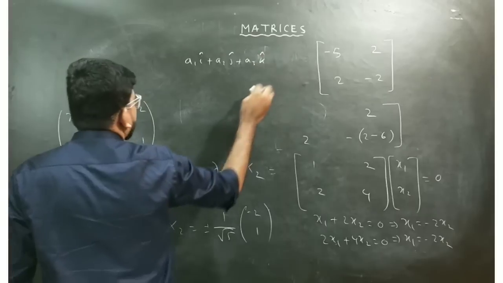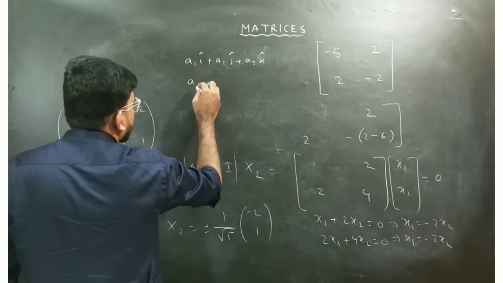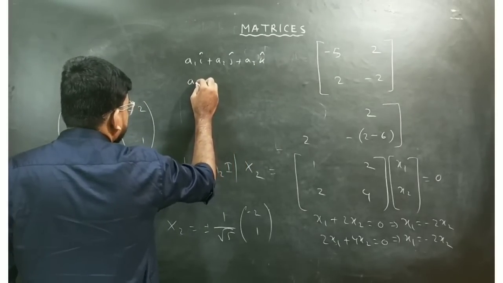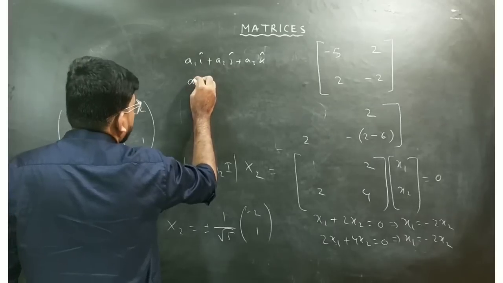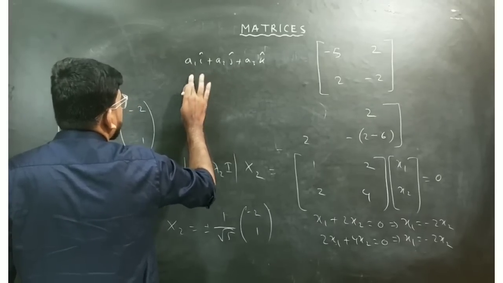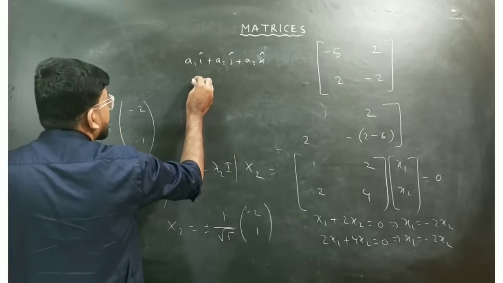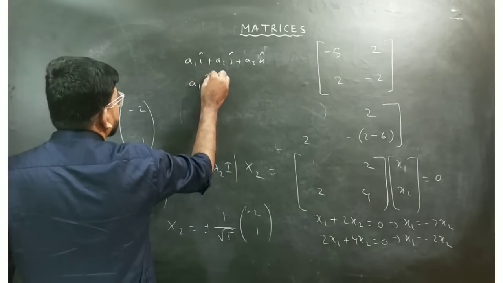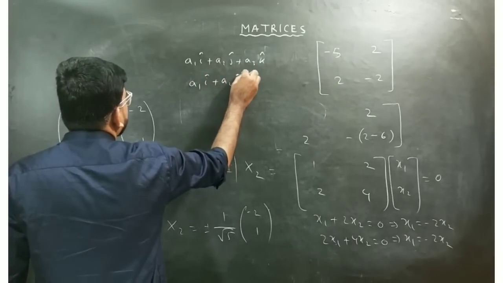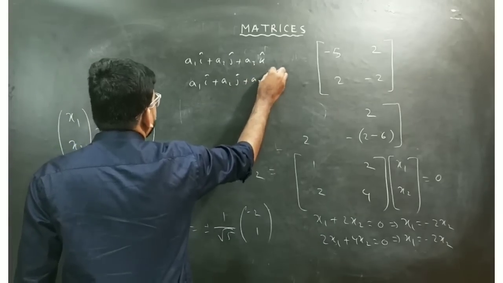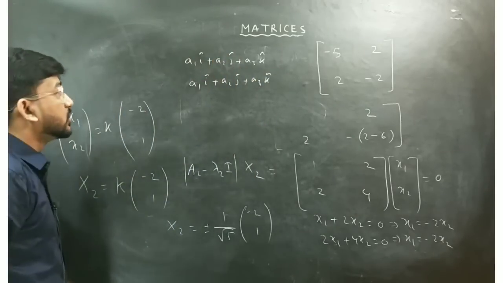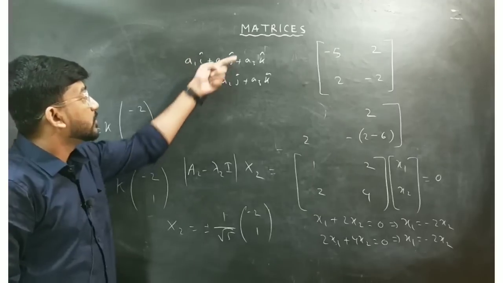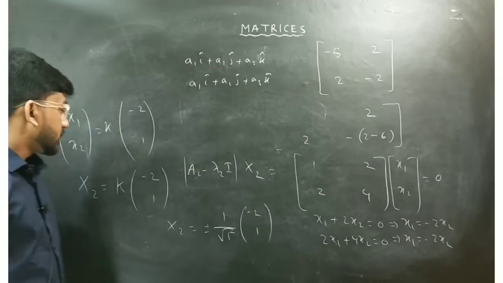And another vector, if these two are the same, is also a1 i cap plus a2 j cap plus a3 k cap. Now if you take the dot product of these two, then you will get a1 square plus a2 square plus a3 square. Okay, same as here also.